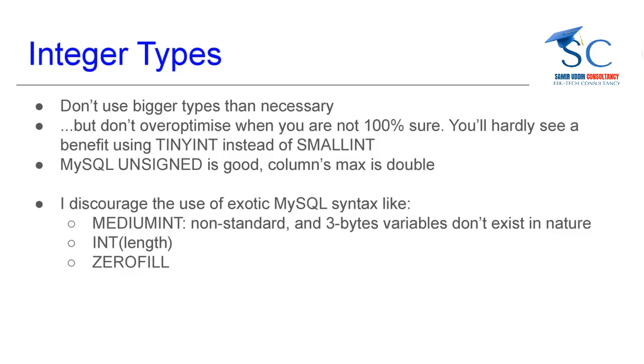You don't want to use, for example, bigint, which is 8 bytes, if you just want to store values from 1 to 100. You will use tinyint instead. But if you are not absolutely sure, don't over-optimize. You will hardly see a performance benefit from using tinyint instead of smallint. It's almost the same thing.